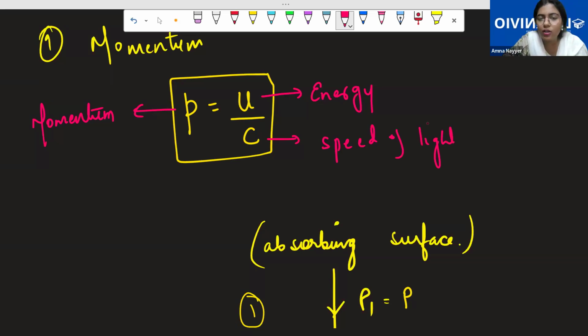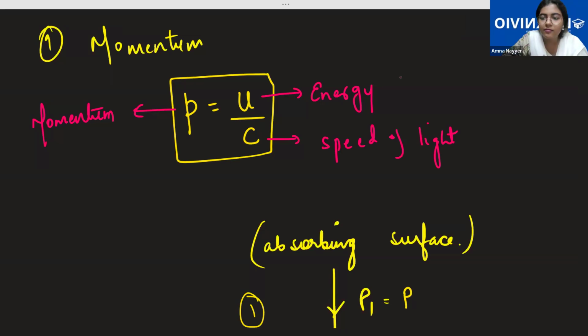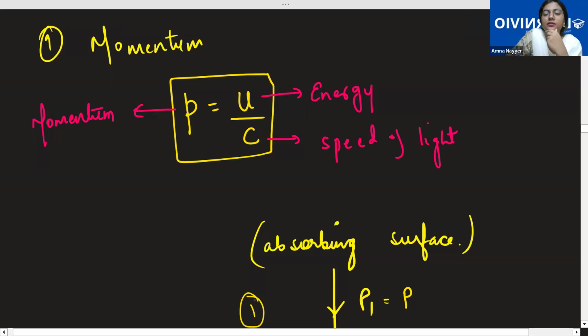Now, is momentum scalar or vector? Because that changes everything if it's scalar or if it's vector.